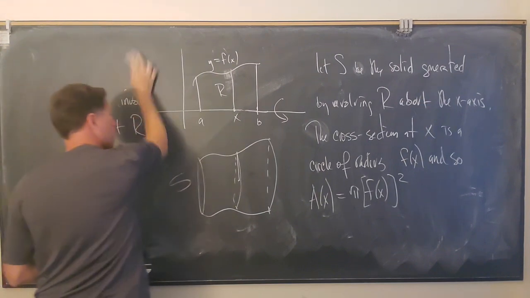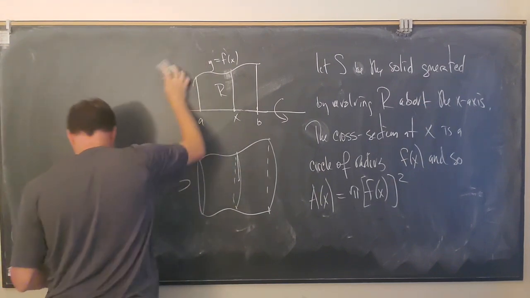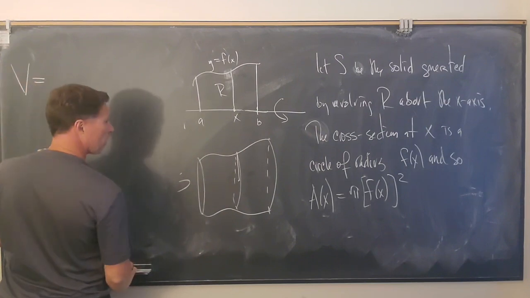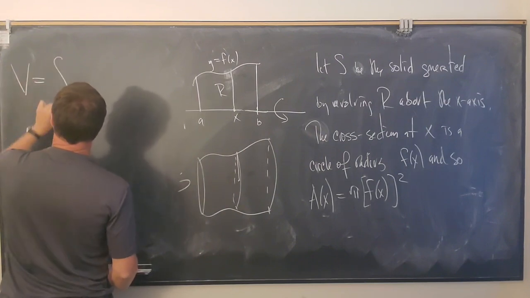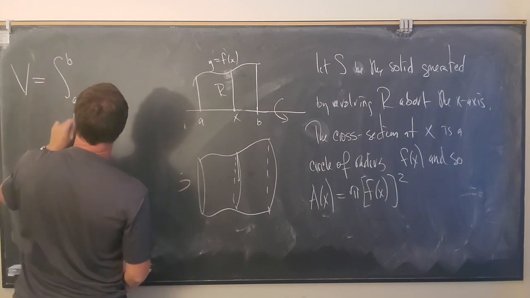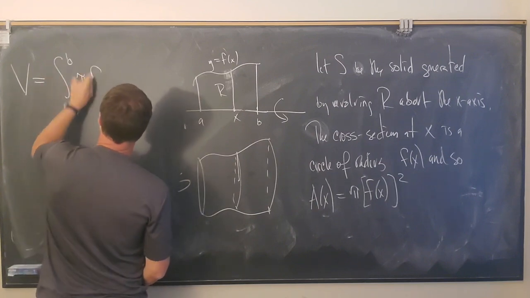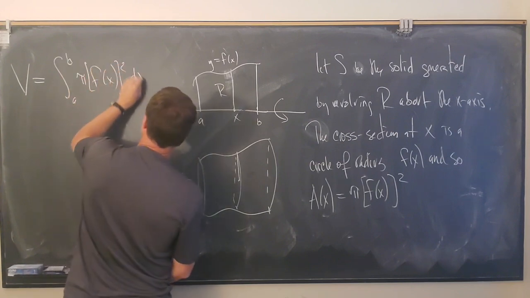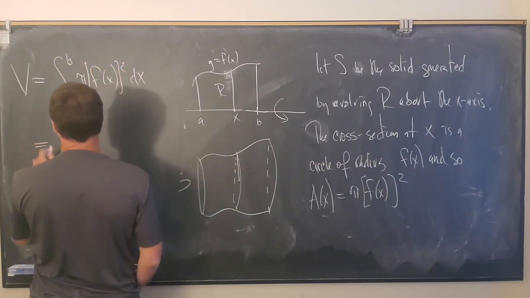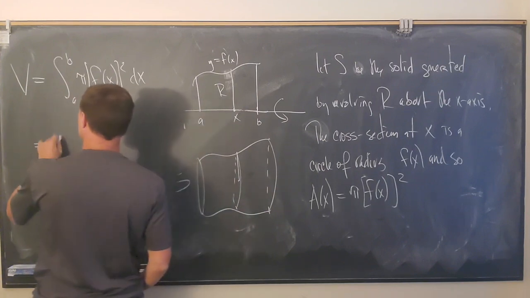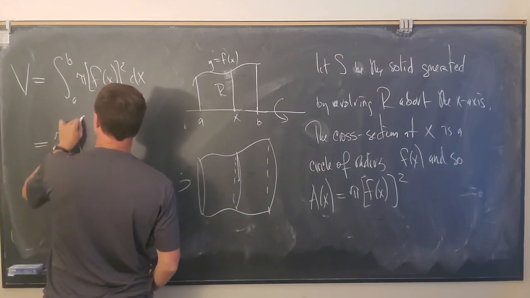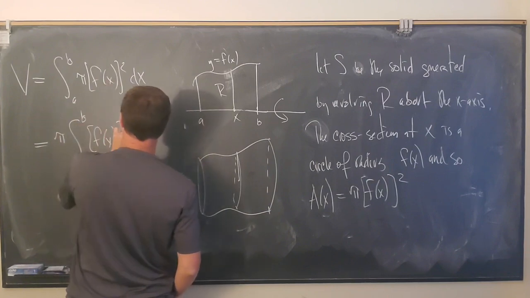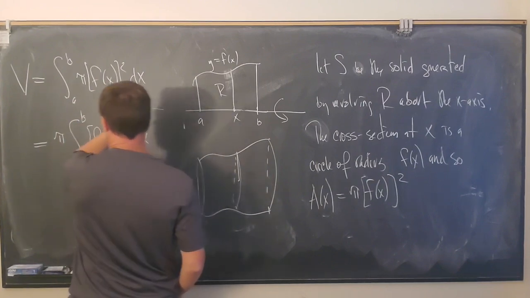All right, so now using the principle that we had before, the volume is going to be equal to the integral from a to b of the area function, pi times f of x squared dx, which we usually simplify by pulling the pi out. So it's pi integral from a to b of f of x squared dx.